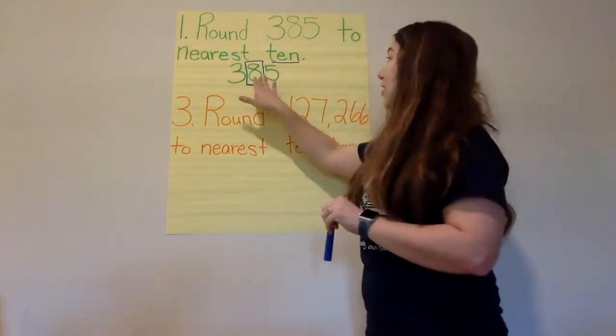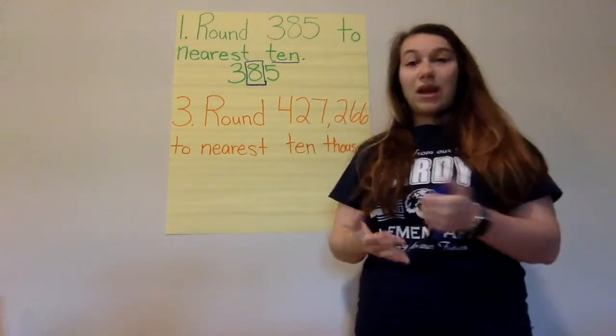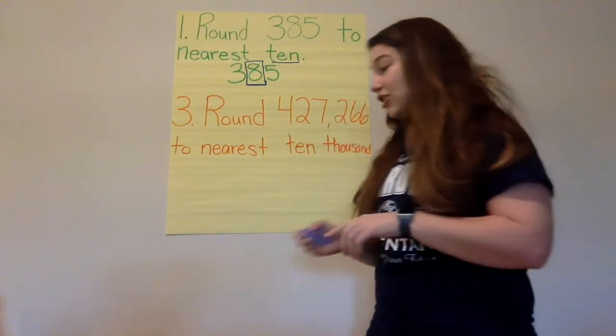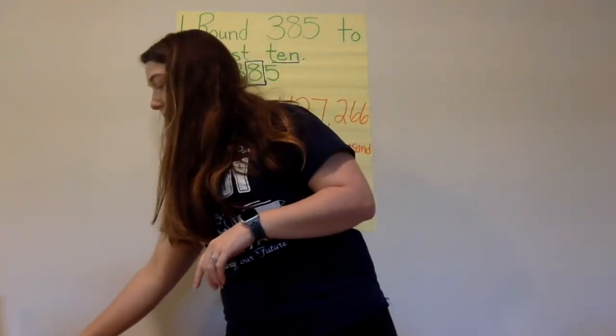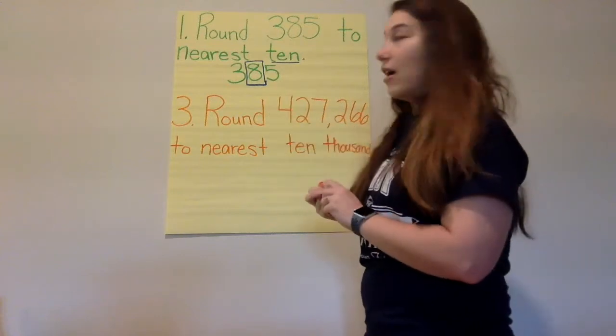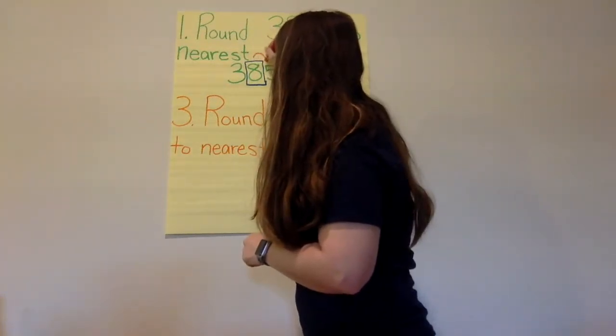All right, so now that I have the place value that we are looking to round to boxed in, it is then my job to look at the place to the right of that, okay? So we're looking to the right.